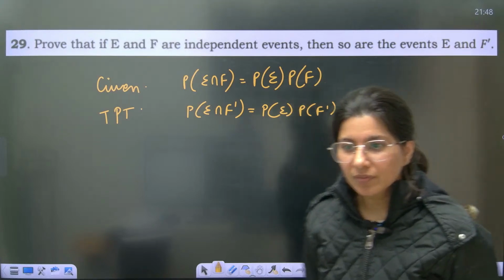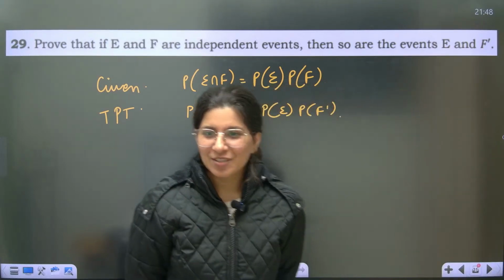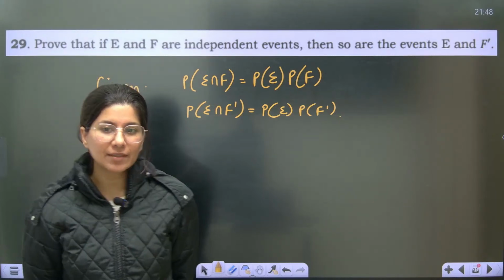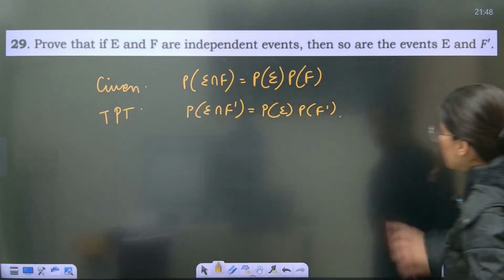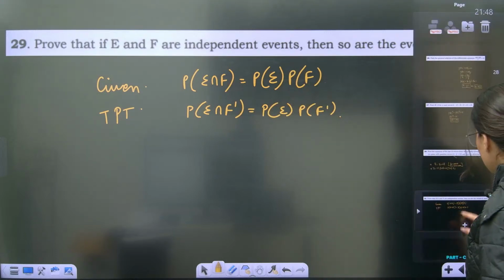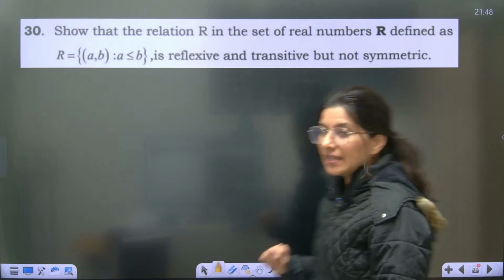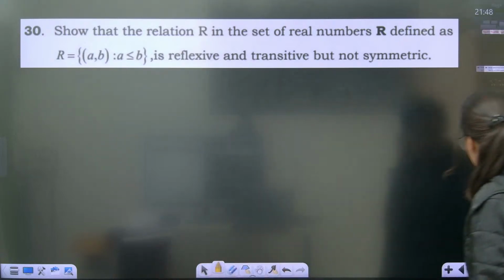How to prove? Wrong question. No, it's not a wrong question. Okay, let me think about it. Let us do this question a little later. Let us hold this question till the time we can focus on this.